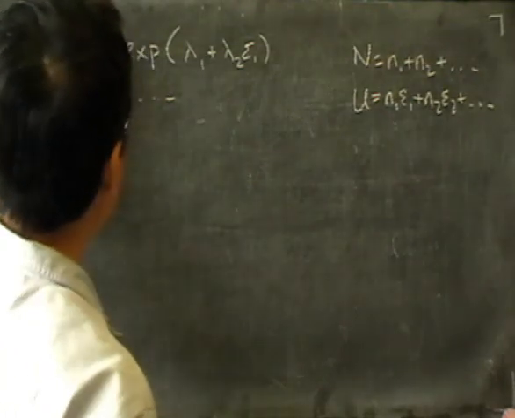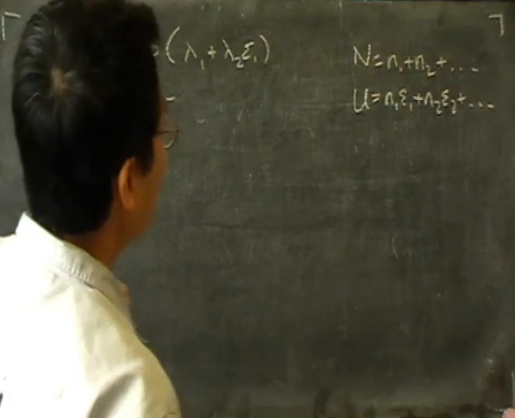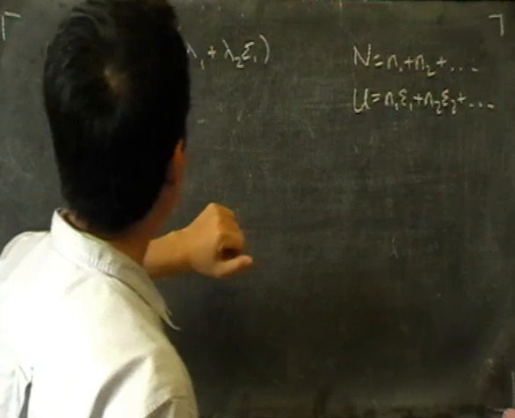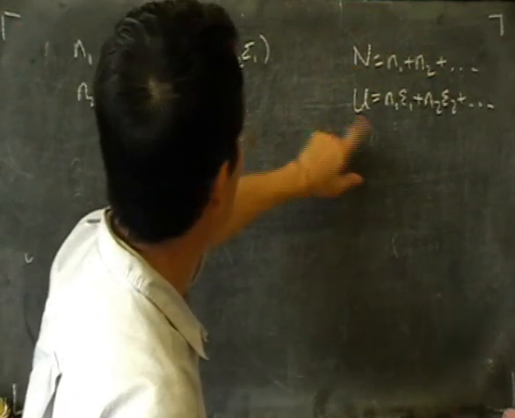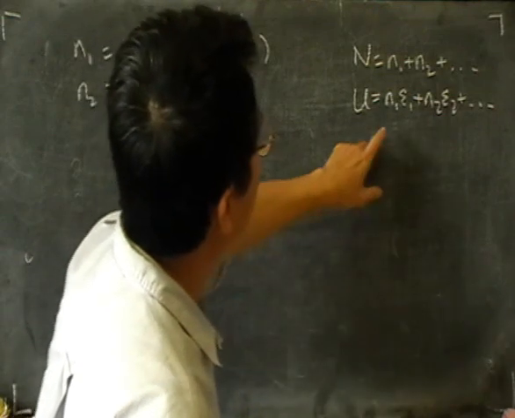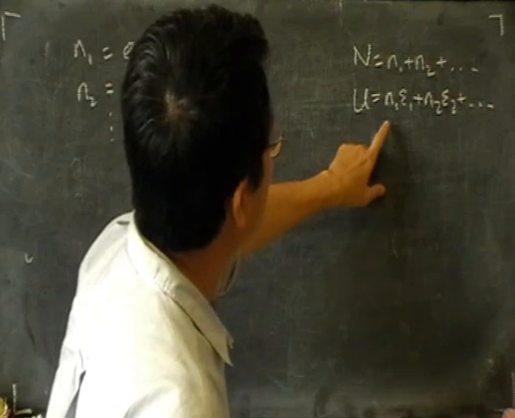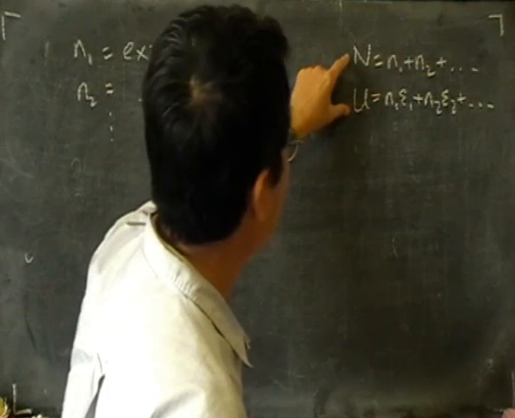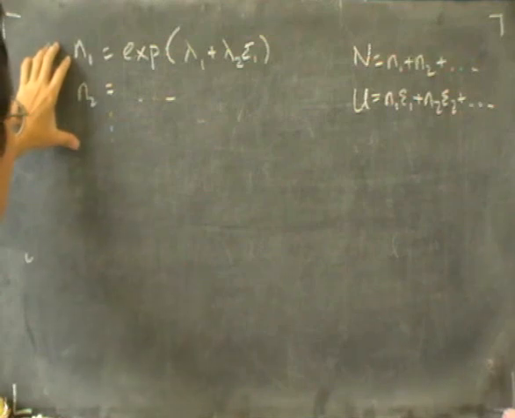We have these equations for all the n1 and n2s. Now in principle we know n and U. So we have two equations there, and we have a number of equations here.